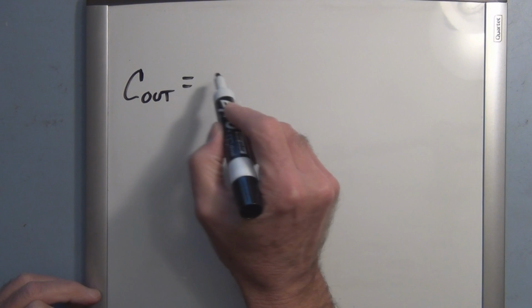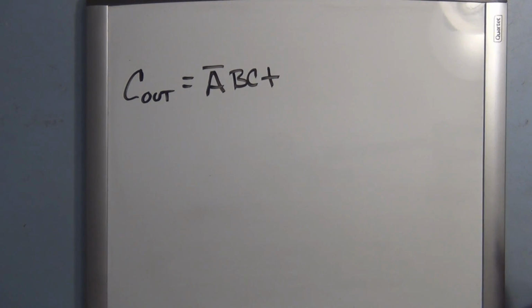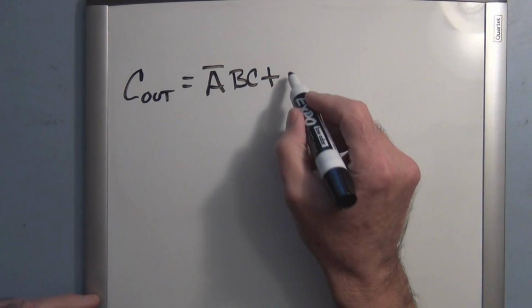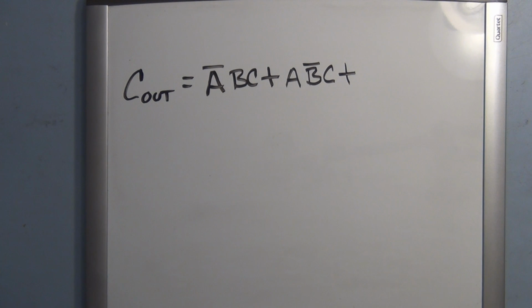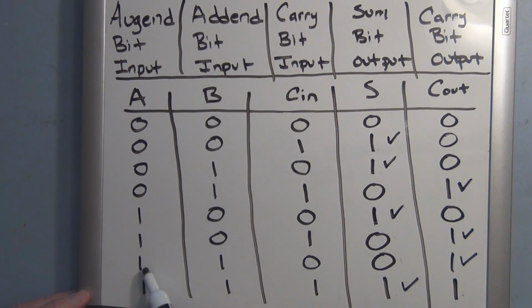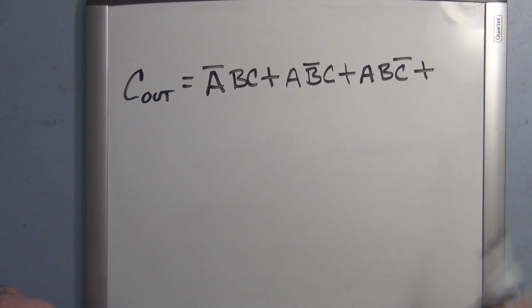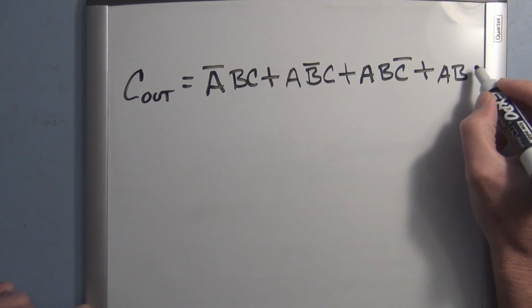Carry out is equal to A naught B C, or together with A B naught C, or together with A B C naught, and then the final term is A B C.